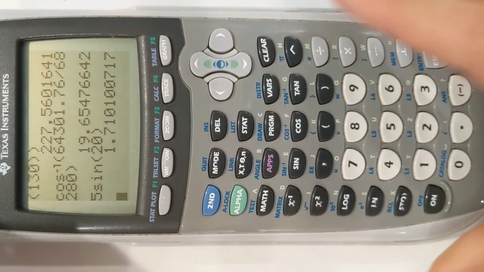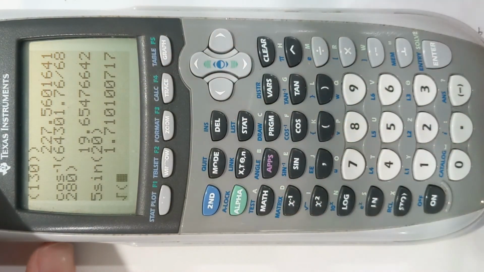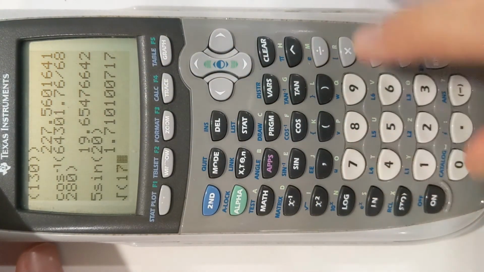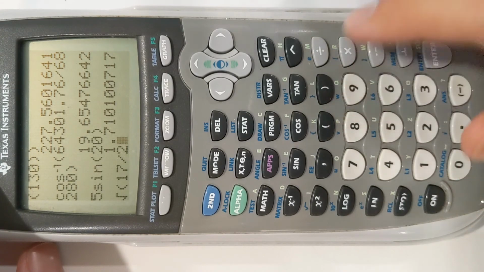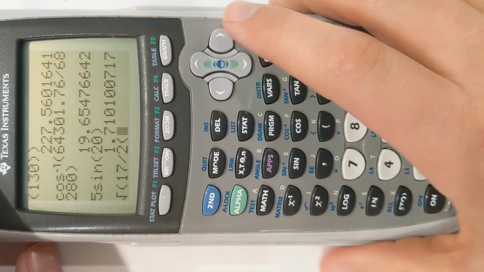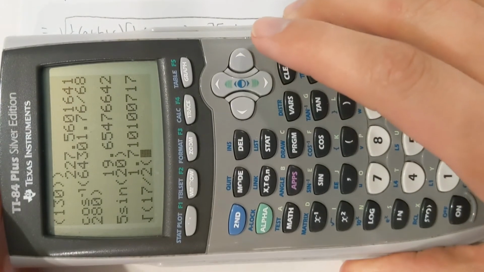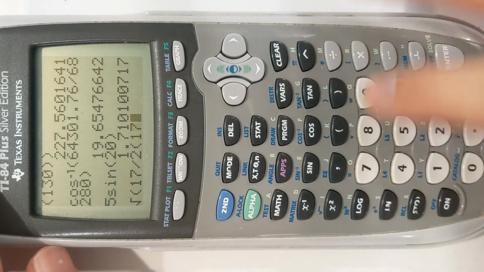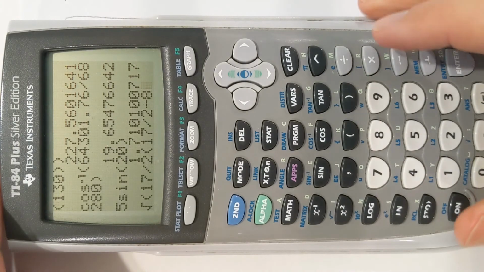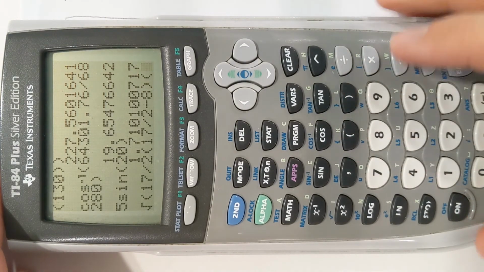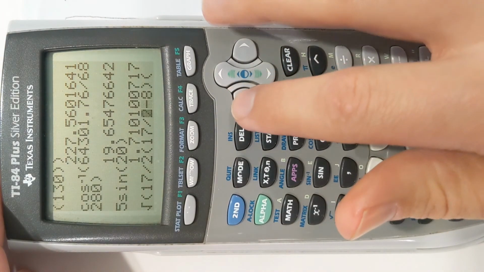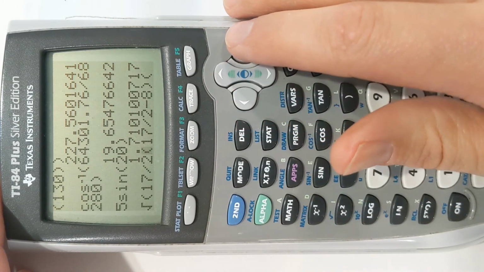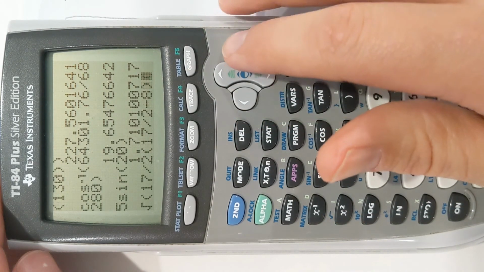So let me go ahead and do that. I want to take the square root of 17 halves times 17 halves minus a. That first number was 8. Times 17, hey, whoops, I forgot a parentheses there. Oh, no, I'm okay. Sorry about that.